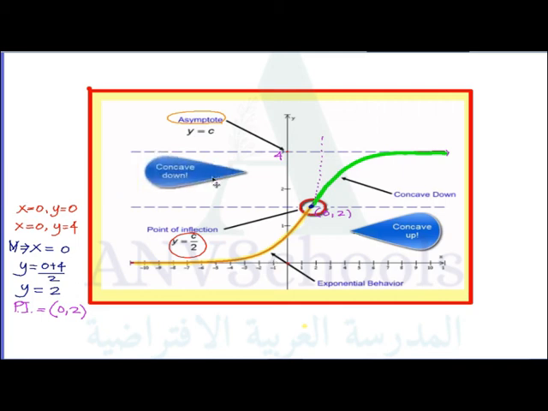While above the point of inflection, the behavior of the graph has a concavity downwards. Okay, so those are the more distinct and specific elements of our logistic function.